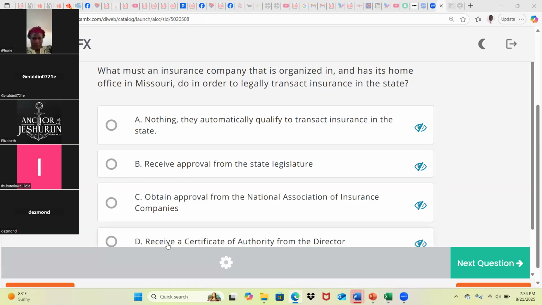Also remember that regarding this certificate of authority, if an insurance company runs afoul and does not renew its certificate of authority, and it writes policies, those policies are not going to be discarded.